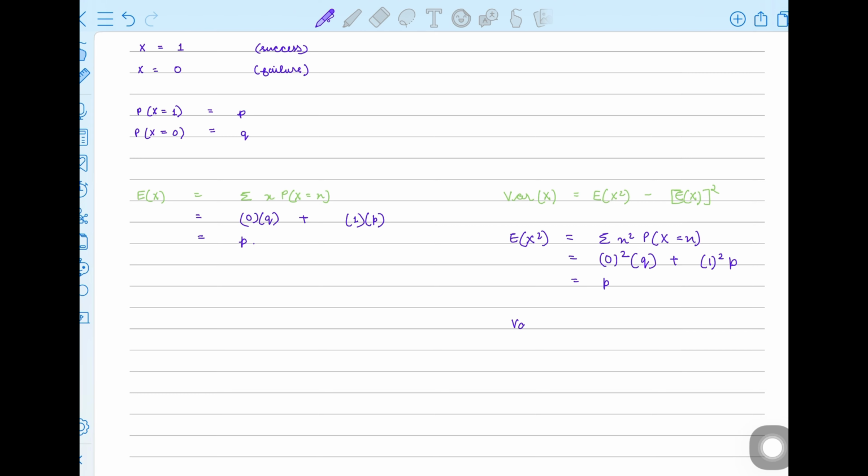Now, the variance of x will be expectation of x squared, which is p, minus expectation of x whole squared, which is p squared. Using these formulas and this method, we can derive the mean and the variance for other distributions as well. The standard deviation is simply the square root of the variance.